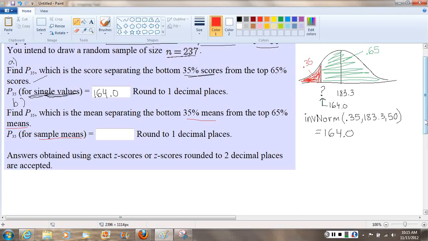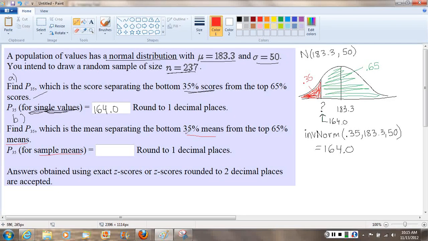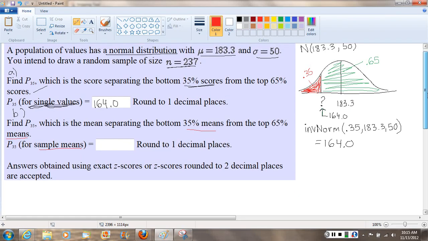It's no longer the same as the population distribution. Now we'll need to divide our standard deviation by the square root of the sample size, because the size of that sample affects how likely it is for the mean of the sample to be far from the population mean. The bigger the sample is, the less likely the mean of that sample is to be far from the population mean.